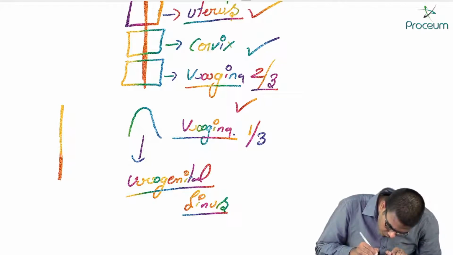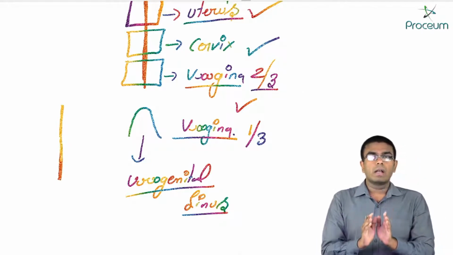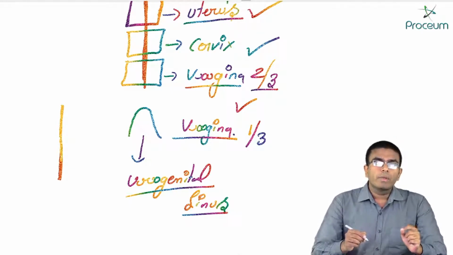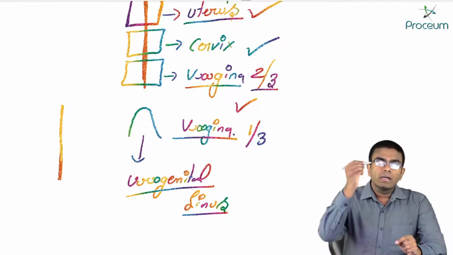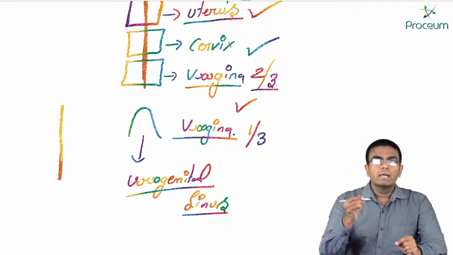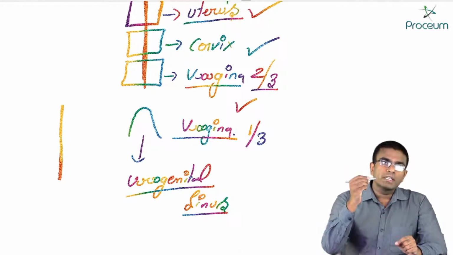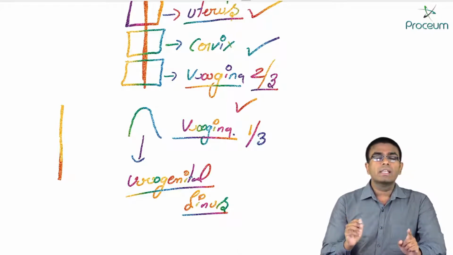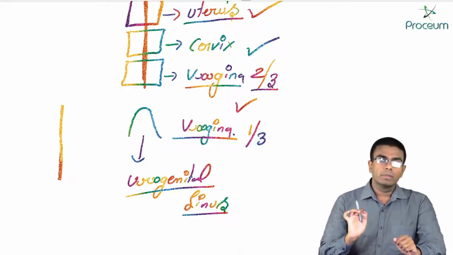They fuse and form the entire vagina. For proper formation of the vagina, the downgrowing Mullerian duct and the upgrowing urogenital sinus have to fuse and canalize.